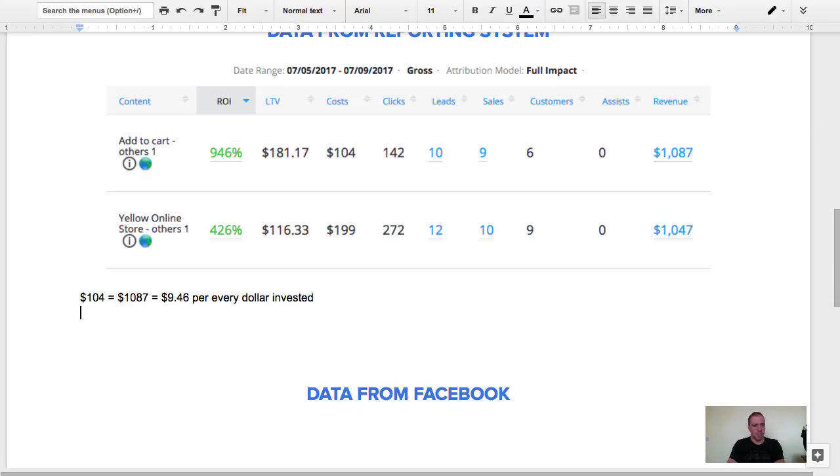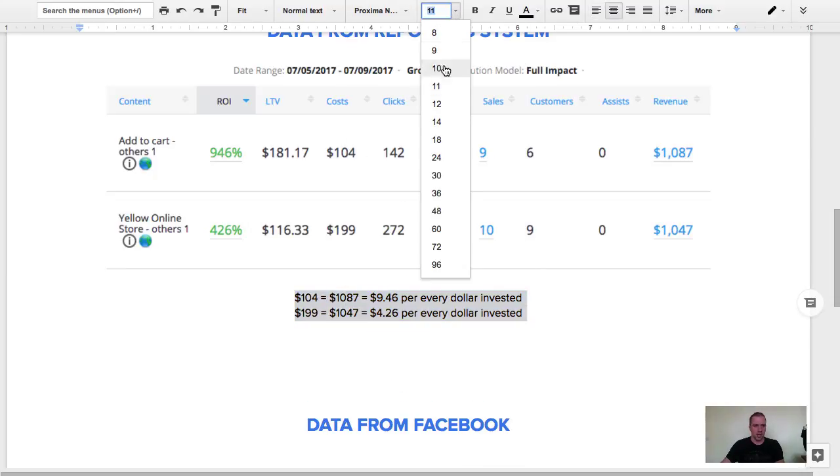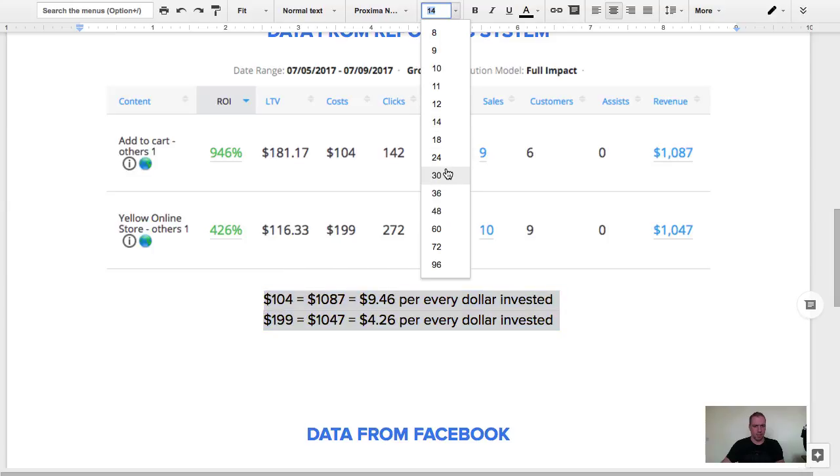Versus here, my investment is $199. I got in return $1,047, and that's basically $4.26 per every dollar invested.